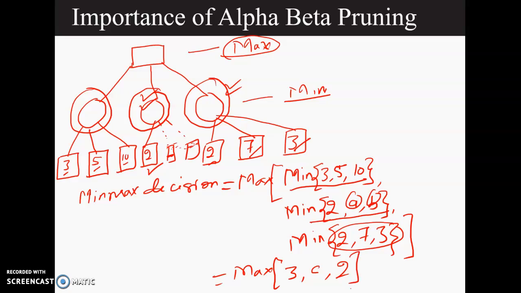Now at this stage, the role of alpha beta pruning comes into picture. So here we cannot find out the maximum value because we have one unknown value. So how will we find out the value of C?